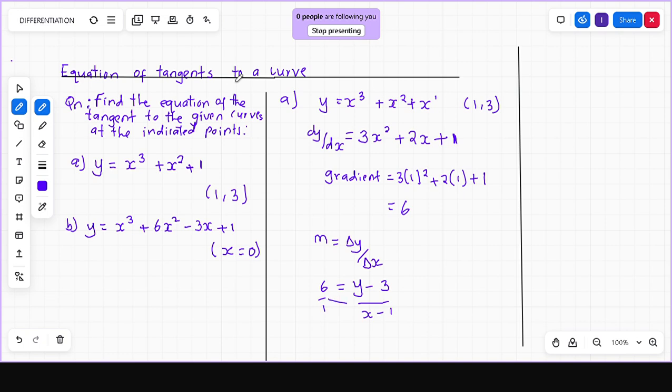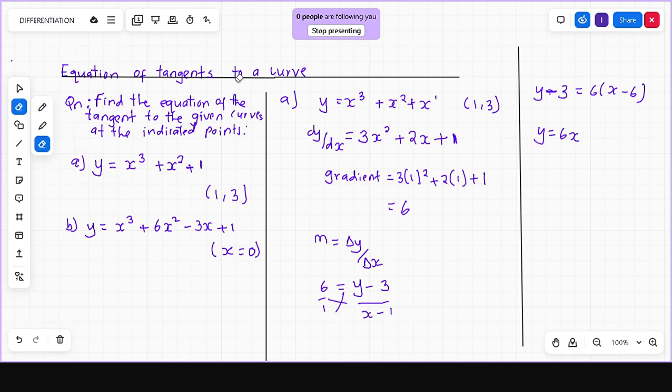When you cross multiply, you are going to have y minus 3 is equivalent to 6 into bracket x minus 1.